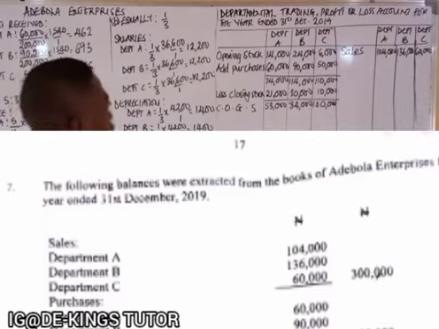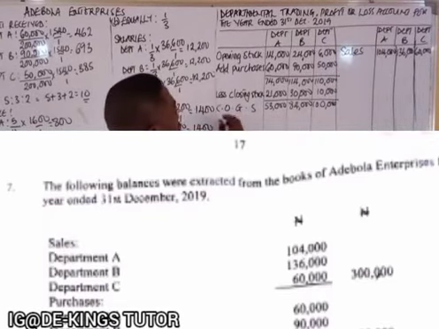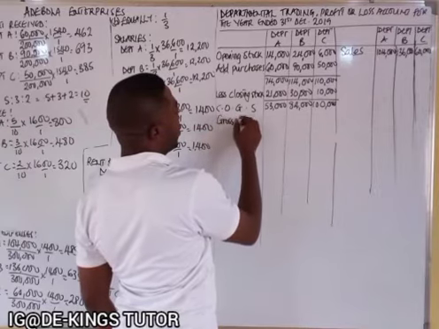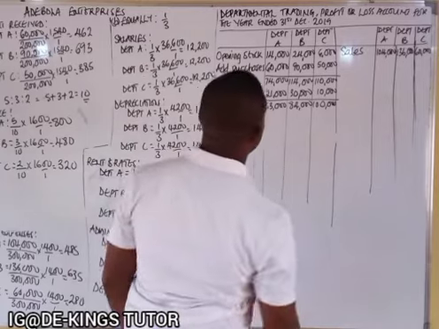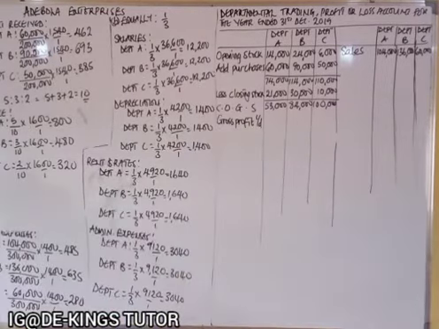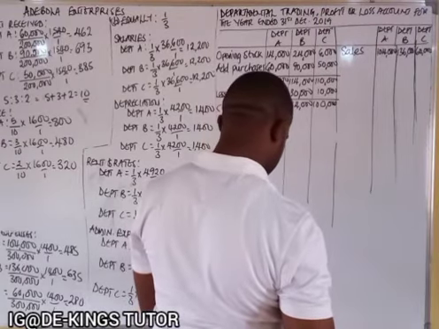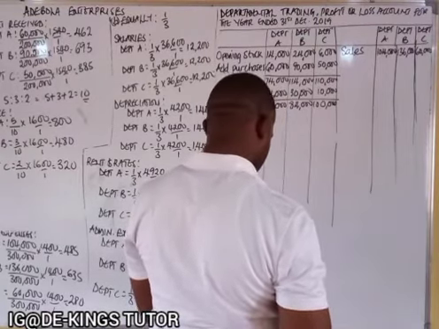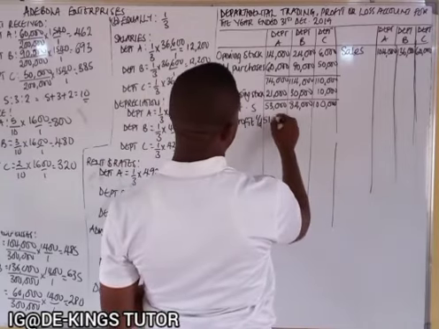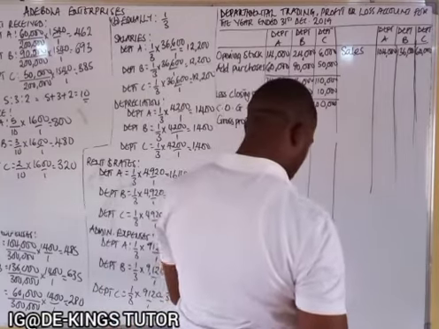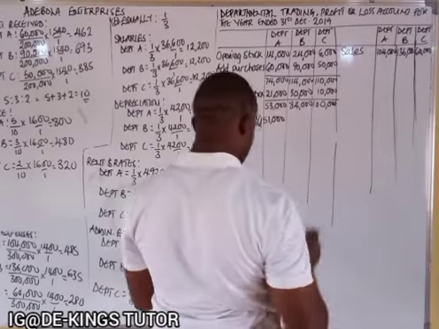No. So we're going to get our gross profit. The sales minus the cost of goods sold will give us a gross profit carried down. So using our calculator, the sales is 104,000 for department A. 104,000 minus 53,000 will give us 51,000.